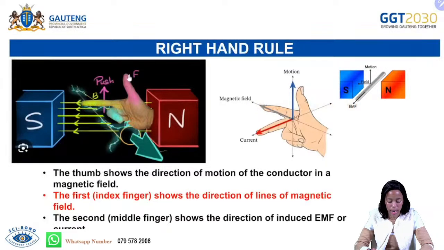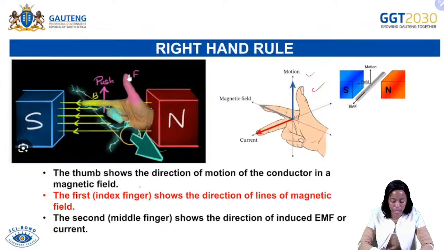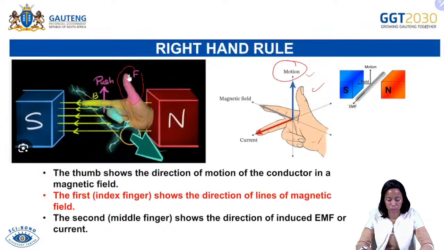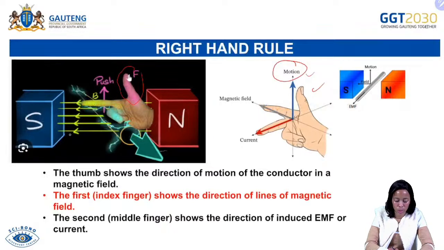And then when it comes to the generator, we need to use the right-hand rule. With the right-hand rule, the thumb shows the direction of motion, so that would be the direction of motion of the coil.